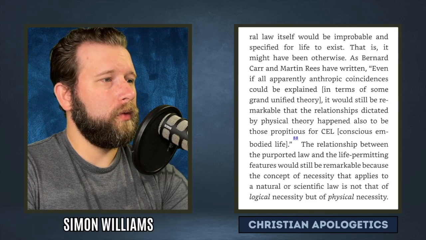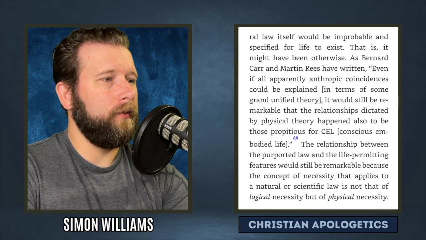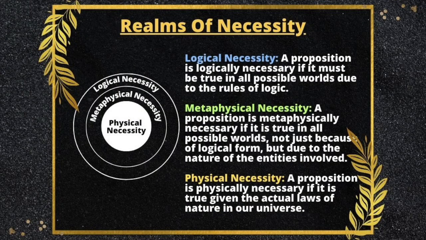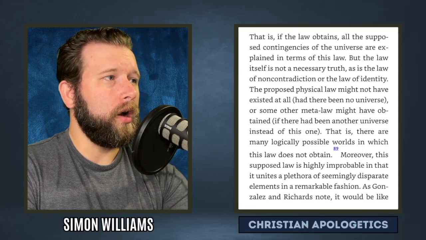The relationship between the purported law and the life-permitting features would still be remarkable because the concept of necessity that applies to a natural or scientific law is not that of logical necessity, but of physical necessity. That is, if the law obtains, all the supposed contingencies of the universe are explained in terms of this law. But the law itself is not a necessary truth, as is the law of non-contradiction or the law of identity.